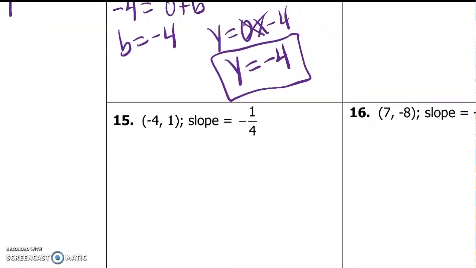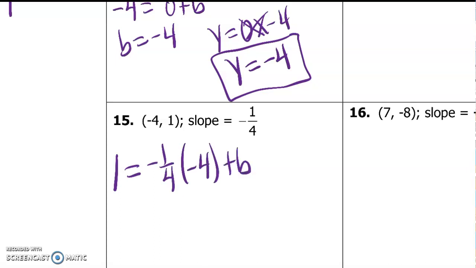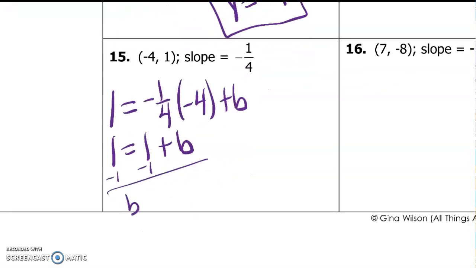And our last one, 1 equals -1/4 times -4 plus b. 1 equals 1 plus b. When you multiply, you get 1. So you subtract 1, and we would get b equals 0.